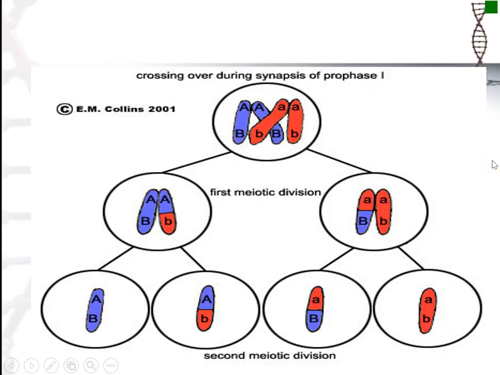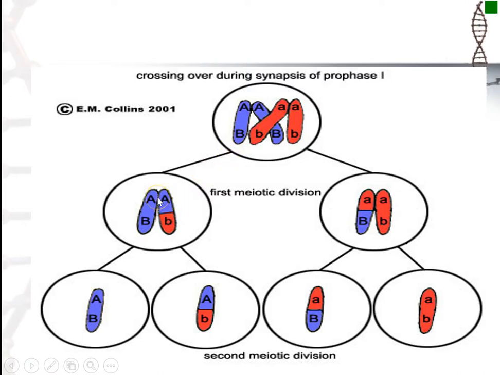4 offspring. So here's another picture of crossing over, big A, and this individual has big a, little b. And so they are crossing over during synapsis.